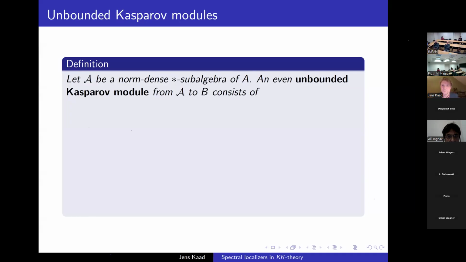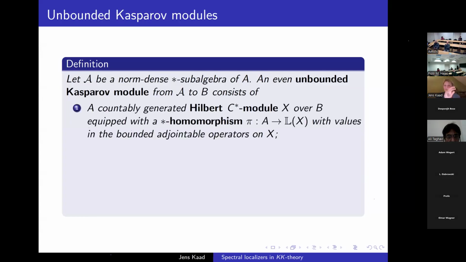Okay, what is it? It consists of 3 ingredients. The first ingredient has a lot of information in it. The first ingredient is a Hilbert C-star module, capital X, over this C-star algebra, capital B. And if you don't know much about Hilbert C-star modules, then think about what would happen if you had a Hilbert space and you wanted to replace the complex numbers by a C-star algebra, capital B. And then you essentially arrive at the definition of a Hilbert C-star module straight away.